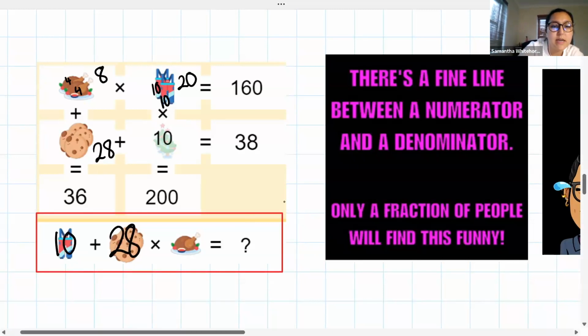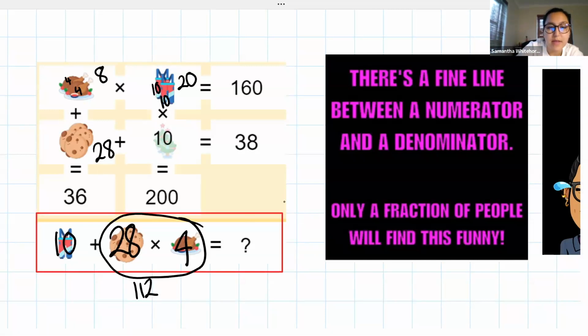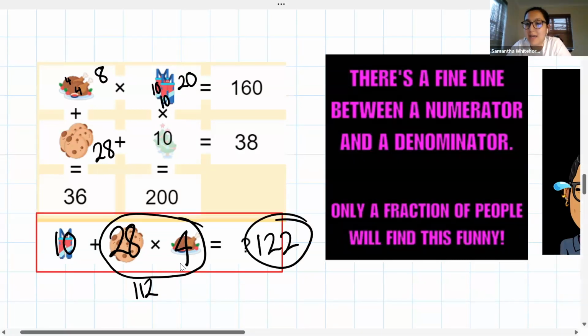That's 28. And one chicken, as Caleb said, is 4. Now remember BODMAS, so we have to do the multiplication first. That gives us 112. And then 112 plus 10 is 122. So exactly as he explained it, perfect. And like I said, you're solving an equation. Caleb, well done. That was awesome. Thank you so much.